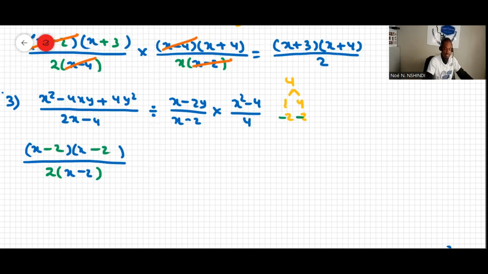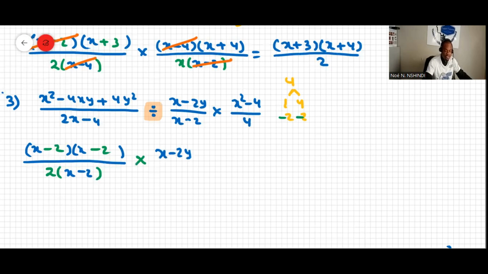Now, the division symbol here, when we divide fractions, we can turn this division symbol into a multiplication. It becomes times. Then over here, is there anything to simplify? x minus 2y over x minus 2. I don't see anything to simplify there, so it's okay.